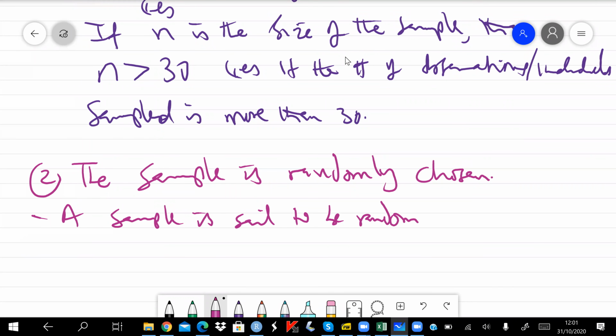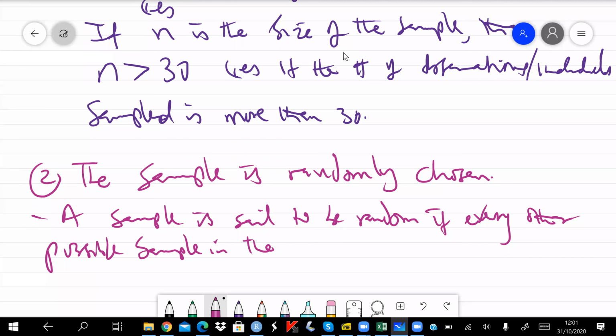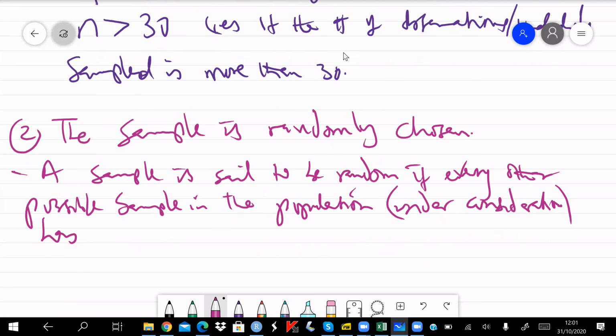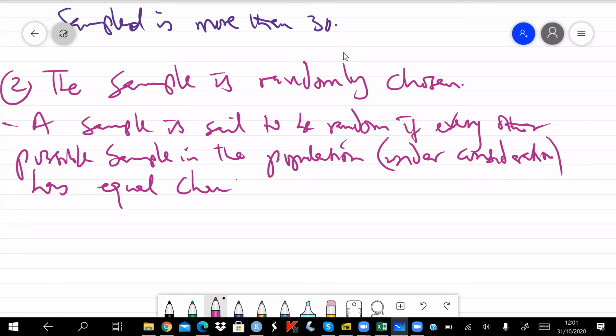A sample is said to be random if every other possible sample in the population under consideration has an equal chance, or probability, of being chosen.